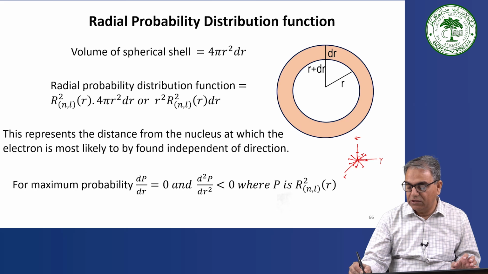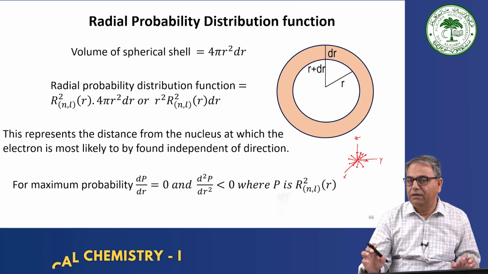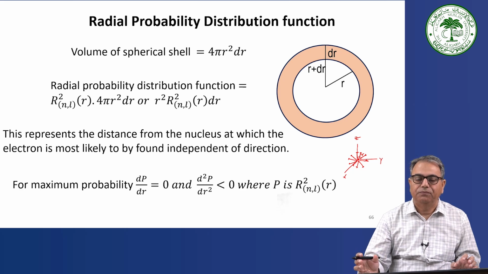So when we are talking about a probability or a function at a distance r, we have many such lengths in all possible directions. It will not be one particular orientation; around this origin it will form a ring, and not just a two-dimensional ring, it will form a shell.